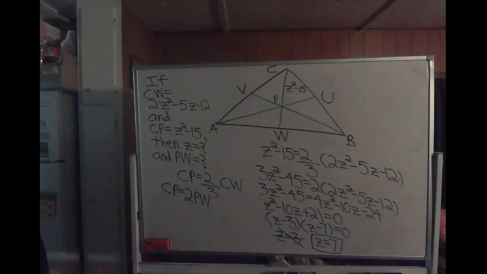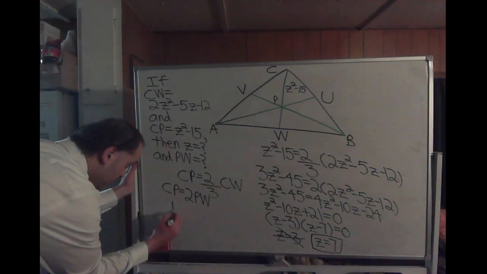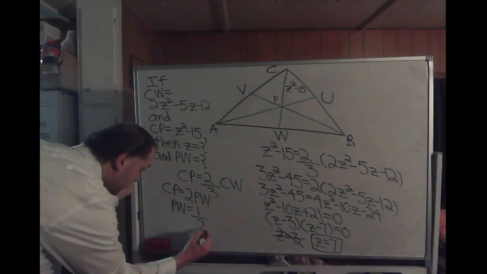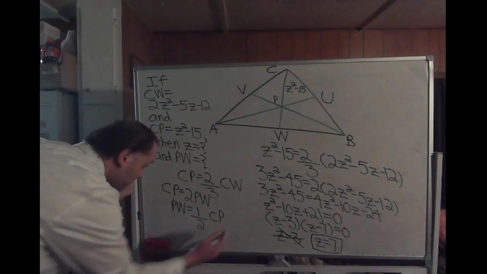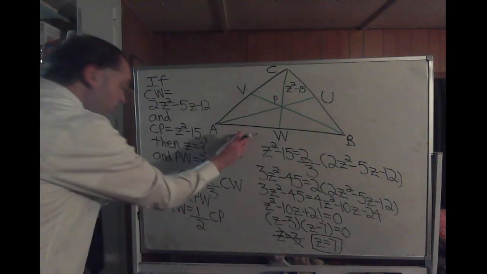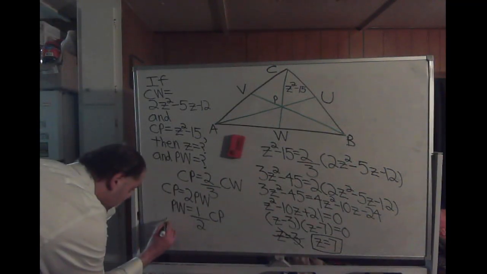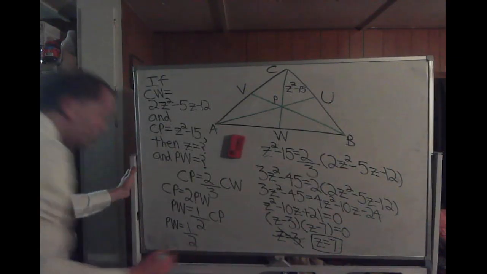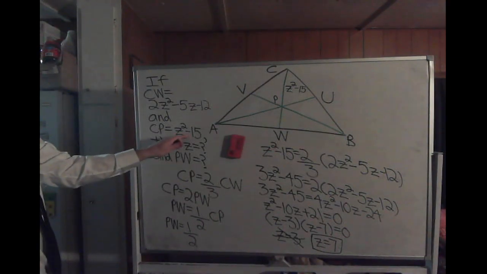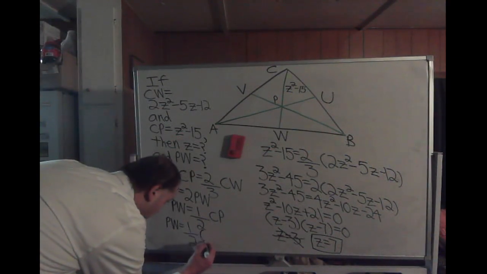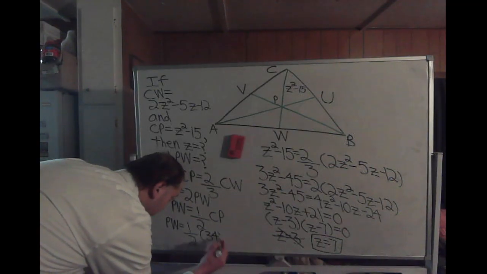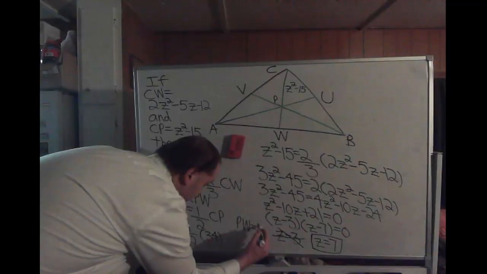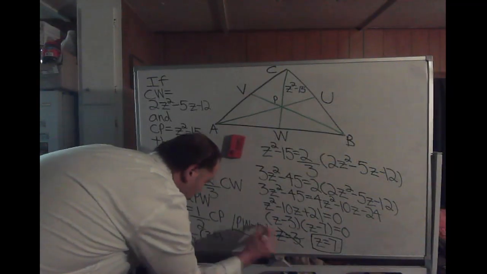We ultimately need to solve for PW, so that means that PW equals half of CP. This is a big one, I'm sorry. Which would have to mean that PW equals half of what? Well, we just determined with z equals 7 that CP is 34. So we have half of 34, which could only mean then that PW has a length of 17.